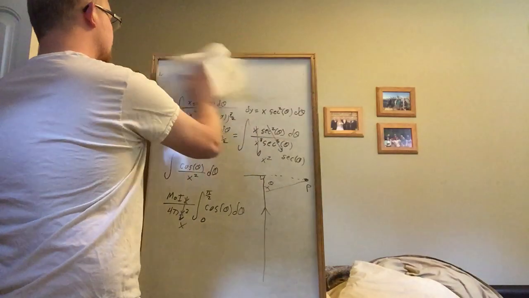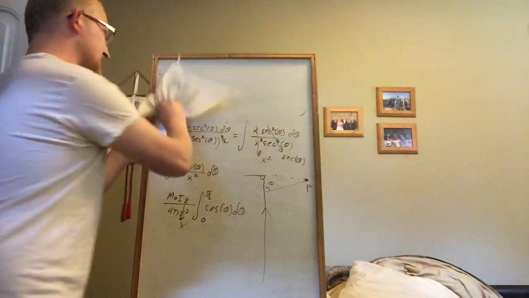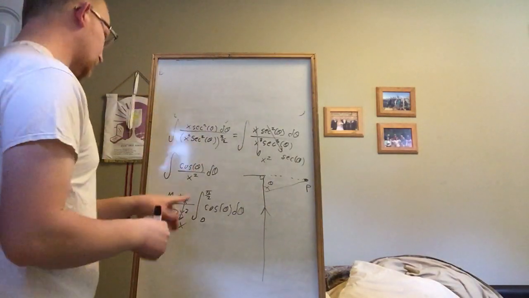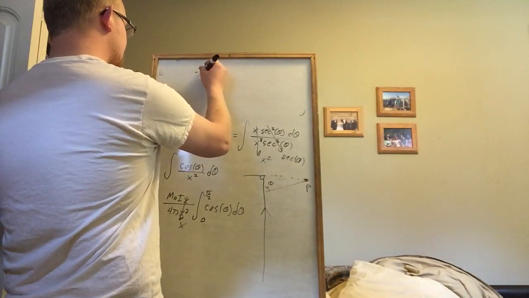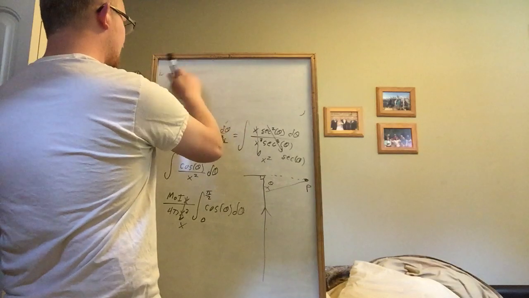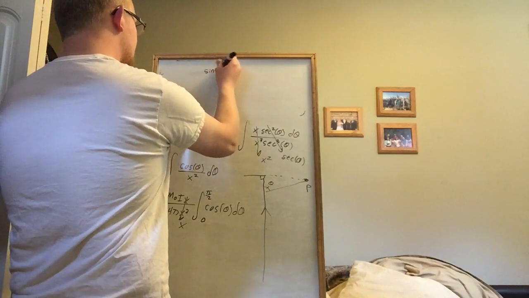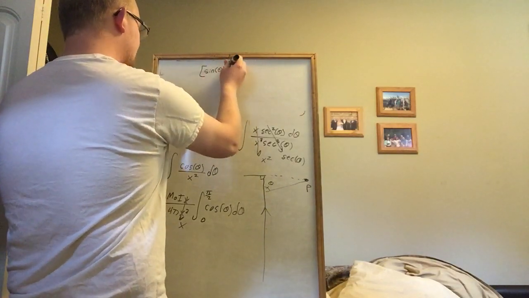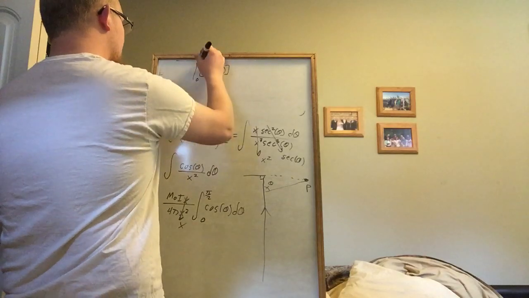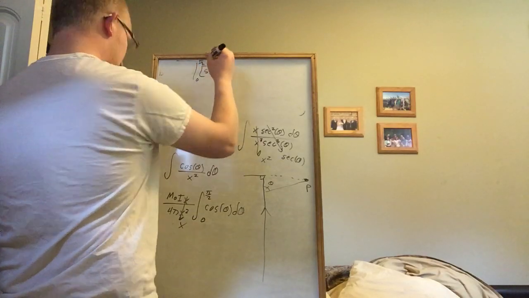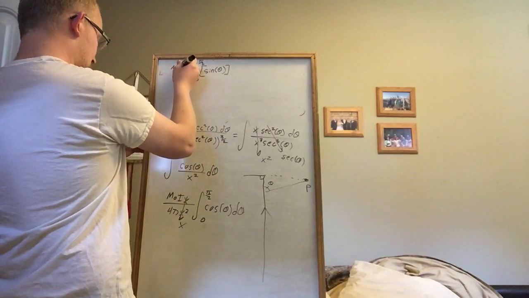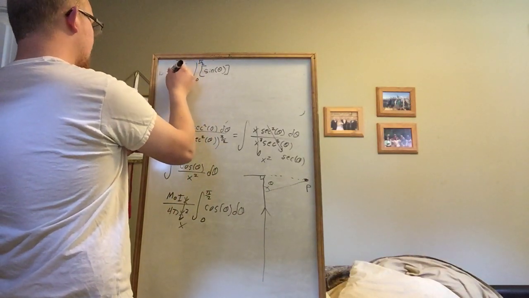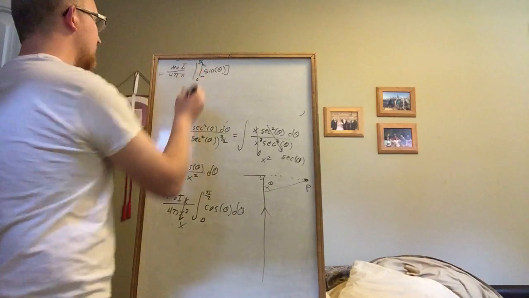You can see this problem takes a lot of time. So the integral of cosine is, I'm sorry, it's regular sine of theta. We're analyzing it from 0 to pi halves. And on the outside of the integration we have mu sub naught I divided by 4 pi x.